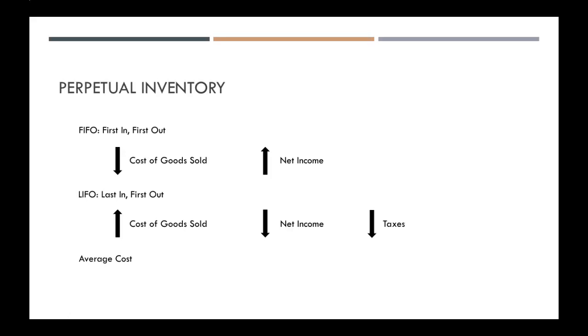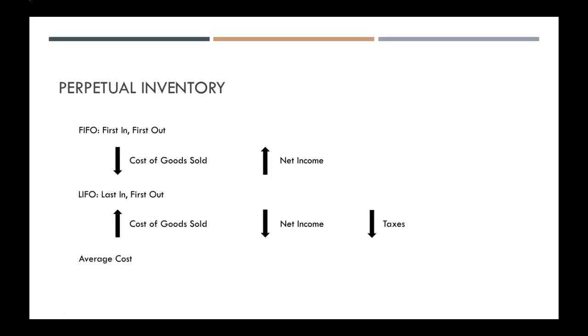Now, a company cannot just switch back and forth, right? They're not going to say, oh, well, in 2019, we're going to go with FIFO, 2020, we're going to go LIFO, and 2021, we're going to go with average cost. They have to go back multiple years and redo all of their financial statements to show what our net income would have been if we used this new inventory method, right?